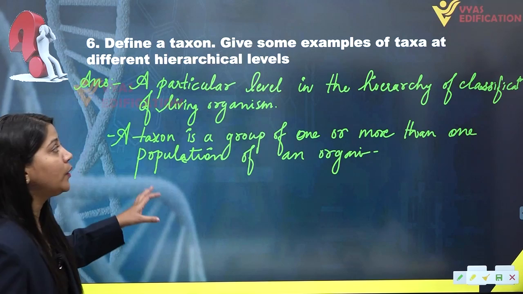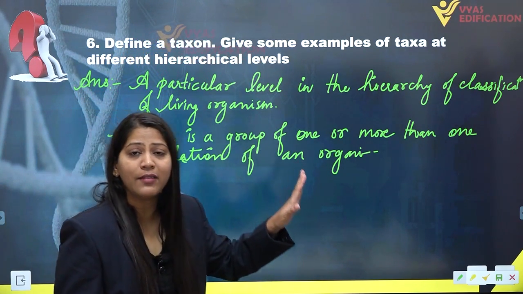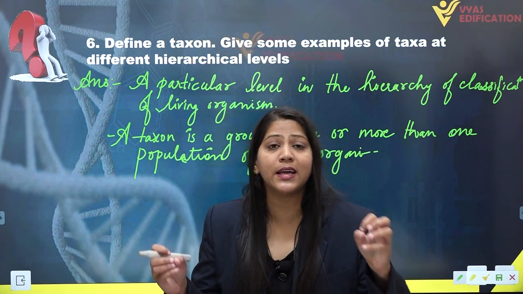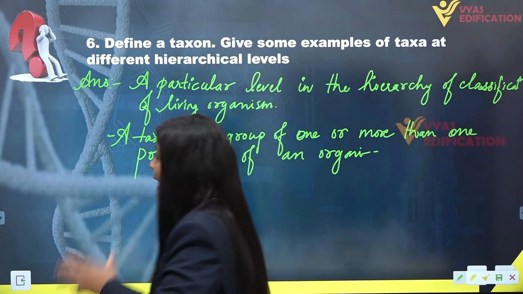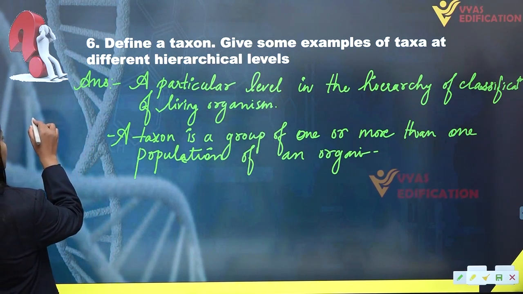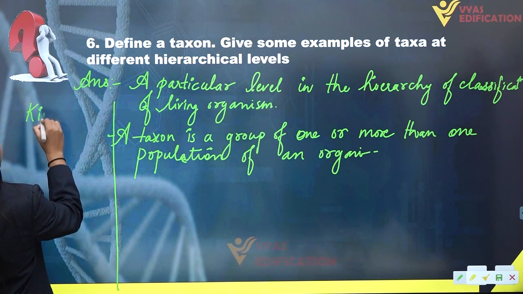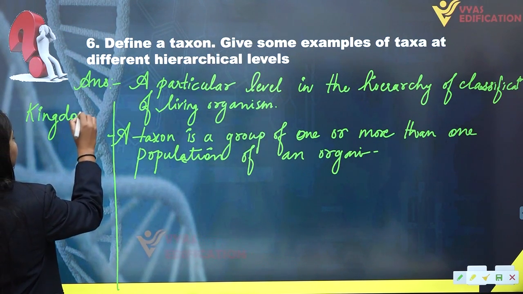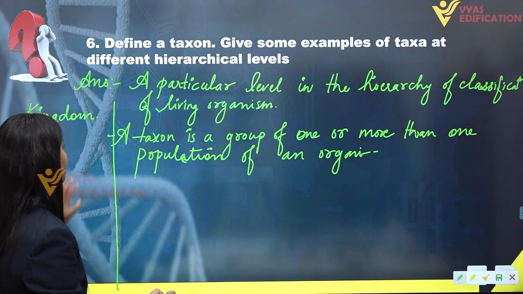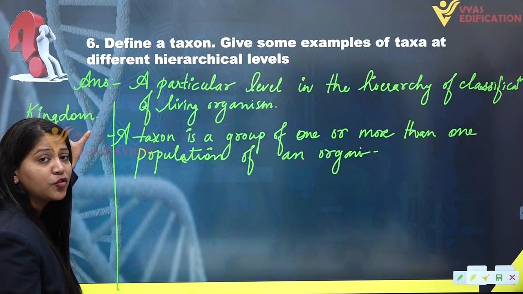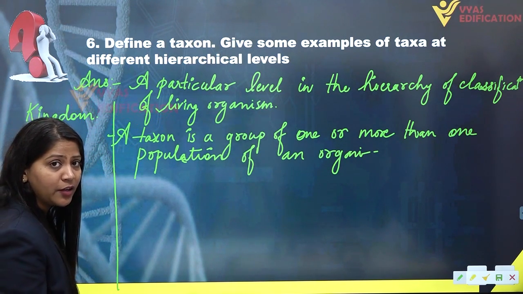Now, if we talk about examples of taxa in the hierarchical levels, we know that we have a hierarchy in the classification, and it goes like this. First we have kingdom, which is a particular level in the hierarchy of classification, and it is the highest category.